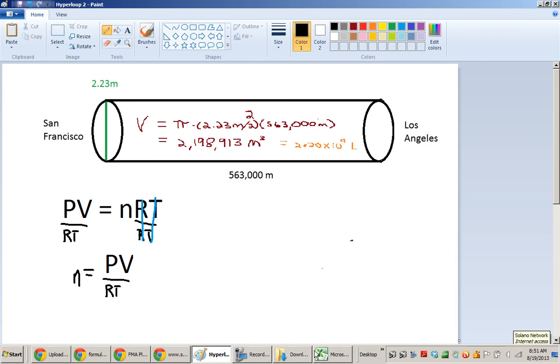The way to do this is to figure out what units you already have, and come up with a bill of different units. So P, V, R, and T. For pressure, the proposal that Elon Musk gave says that the pressure is going to be 0.75 torr.